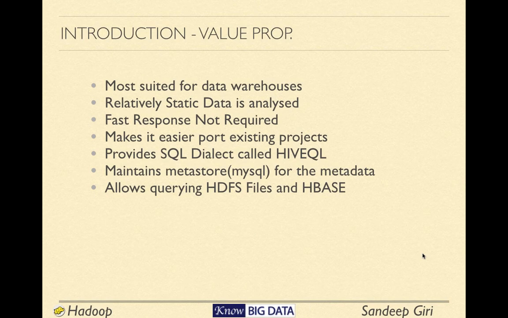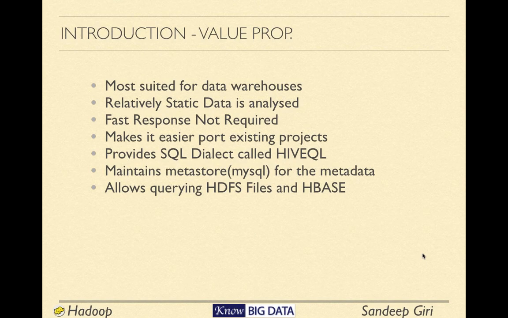So the value proposition of Hive is that it is very suitable for data warehouses and good when you have to analyze relatively static data. Also, it is okay when you do not need a fast response.